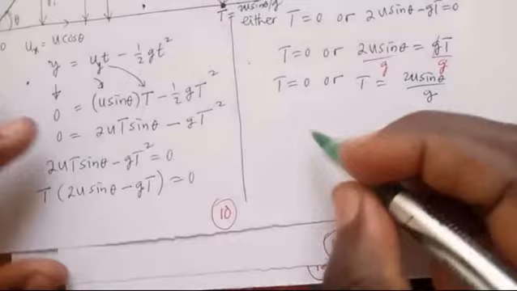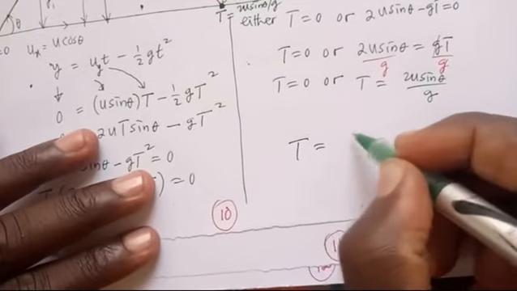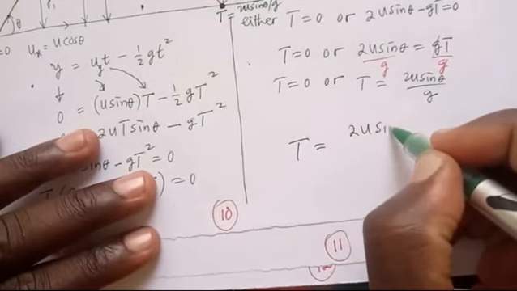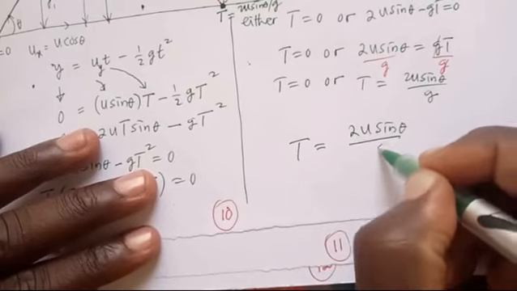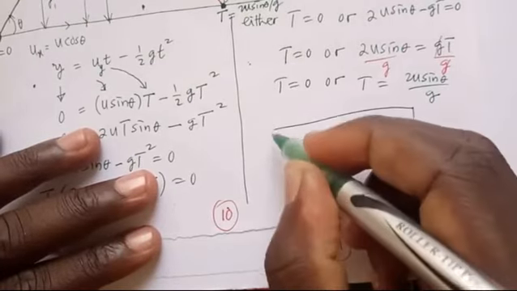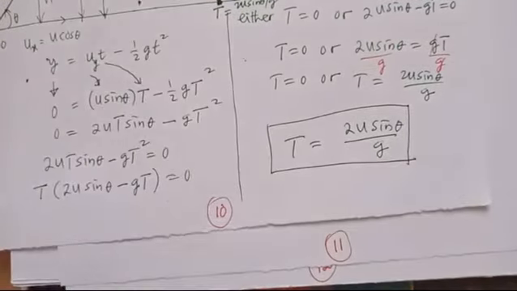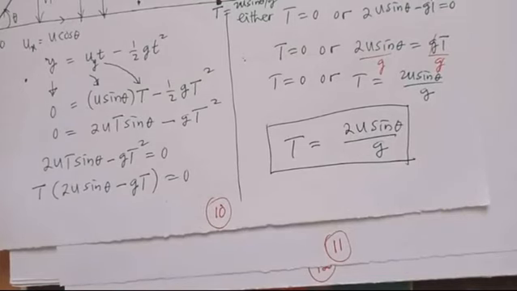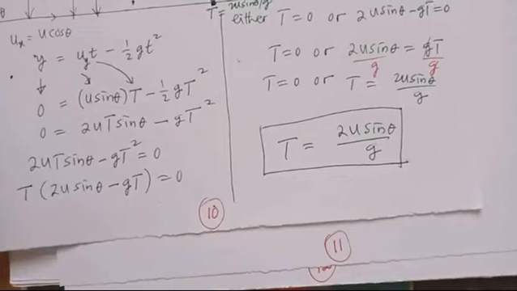So again, we established that our capital T is 2u sine theta over g. This is our time of flight. Whenever you want to calculate the time of flight, this is the formula you need.